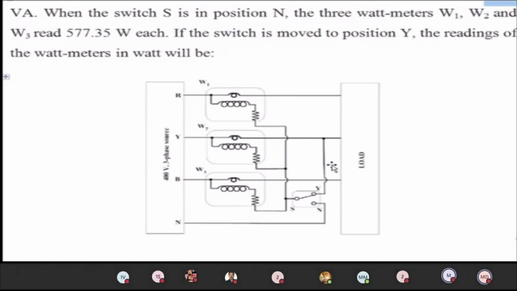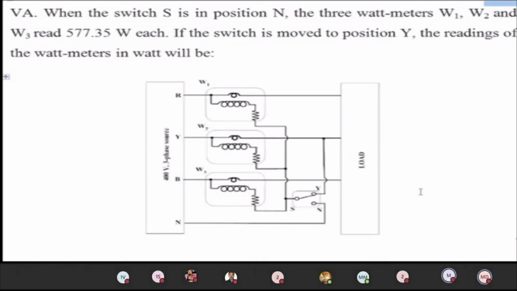If the switch S is moved to position Y, so you can see the cursor, already it was neutral. The question is, if the switch is moved to position Y, the readings of the wattmeters will be, we have to calculate in watts.